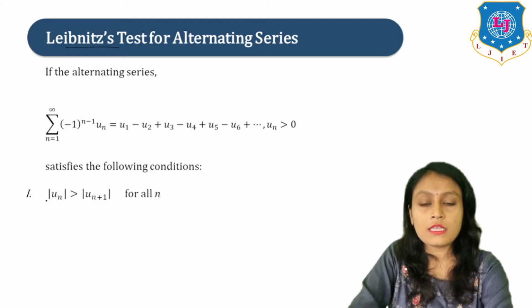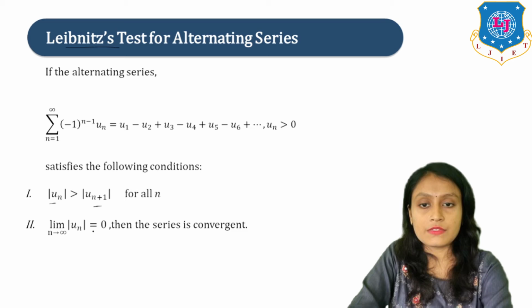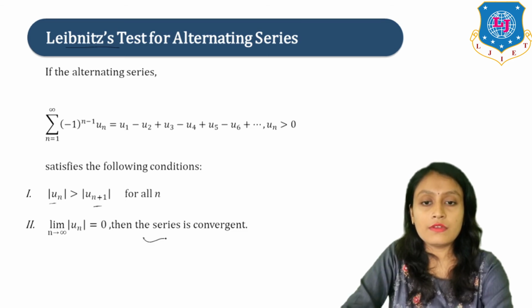The first one is mod u_n greater than mod u_(n+1) for all n. Here we are taking mod, meaning we are taking only the positive terms of the nth term and the (n+1)th term. Next, we will show that limit n tends to infinity of mod u_n is equal to 0.